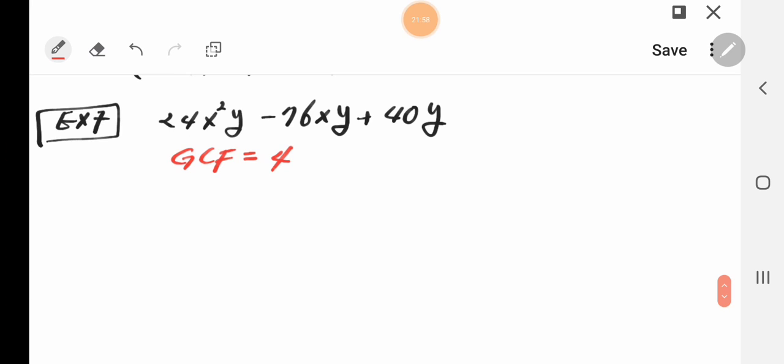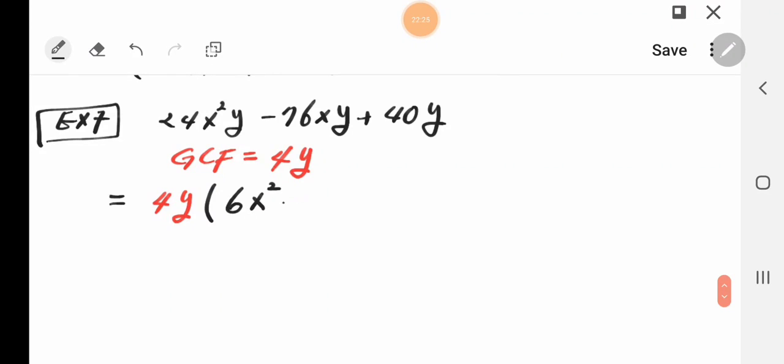How about the variable x? No. How about y? Yes. So y occurs in all three terms, so 4y is the common factor. Take 4y out. Then this trinomial is equal to 4y times: 4 times 6 is 24, and with one y taken out, y squared is left over.